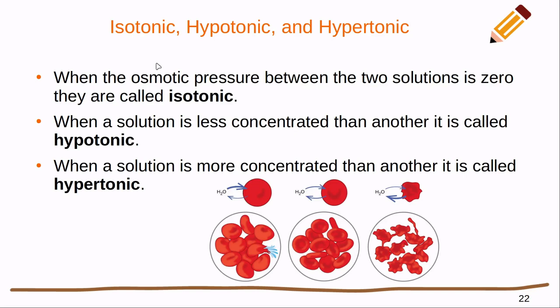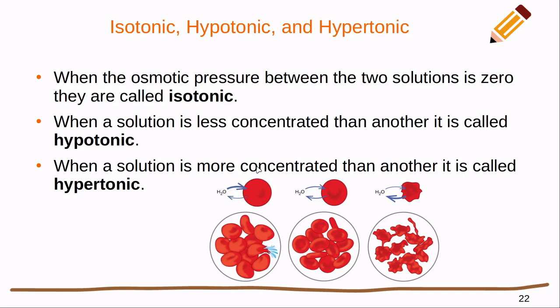Let's talk about isotonic versus hypotonic versus hypertonic. This is again a special situation, and it's well modeled by looking at blood cells. Here we have a semi-permeable membrane, but it's completely surrounding an internal solution.